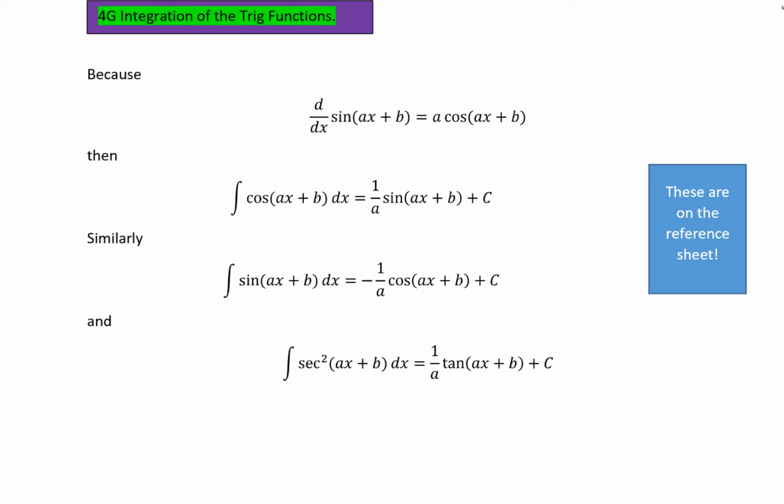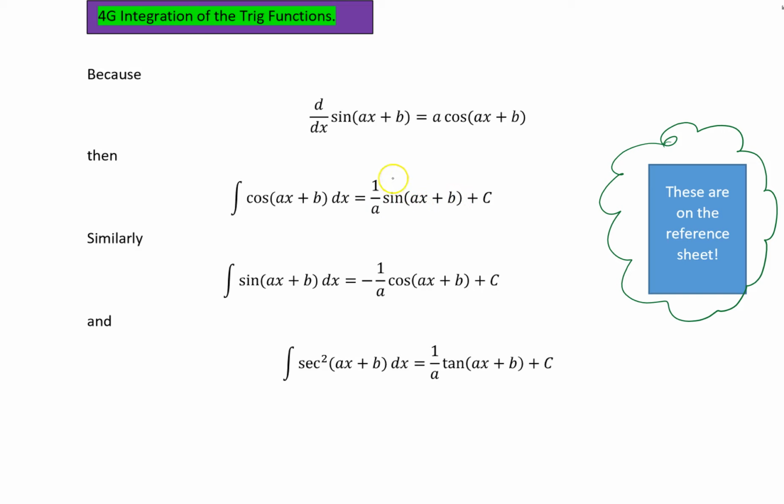Or, in this case, you can just look on the reference sheet, because these three are on your reference sheet. The integral of cos of a little function in x will be 1 on a sine. Now, obviously, if a is 1 and b is 1, the integral of cos would be 1 on 1, which is just 1, and you wouldn't have it there. Sine 1x.